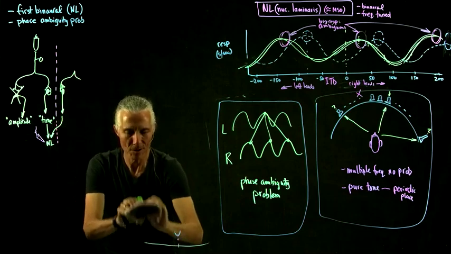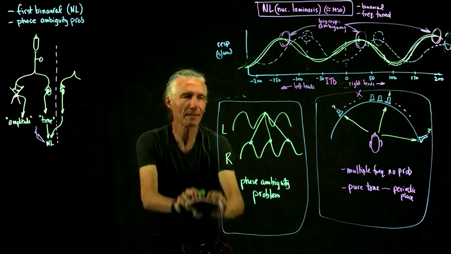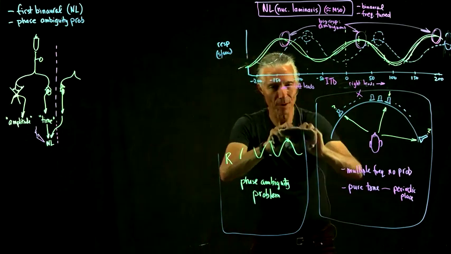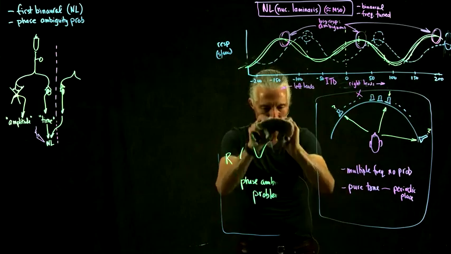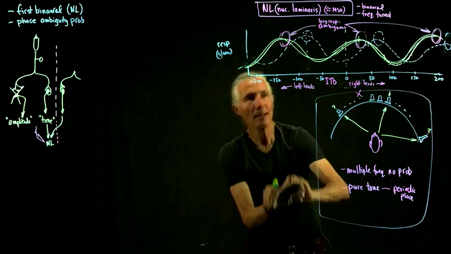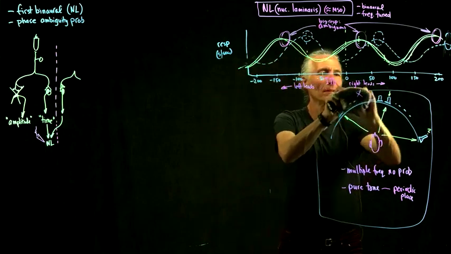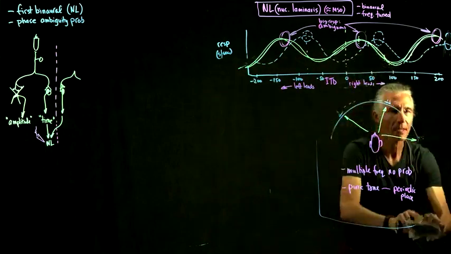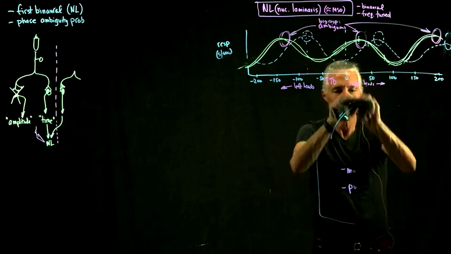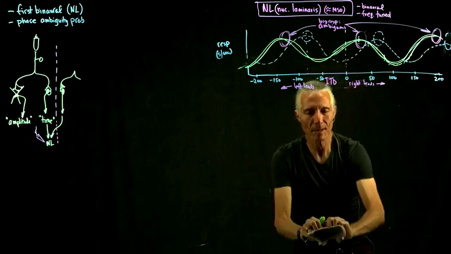That's the monaural nucleus. That's the phase-locked one. That's indicating the peak of the sound pressure waves. And then the nucleus laminaris is the first nucleus where they come together. So what causes this ambiguous response?